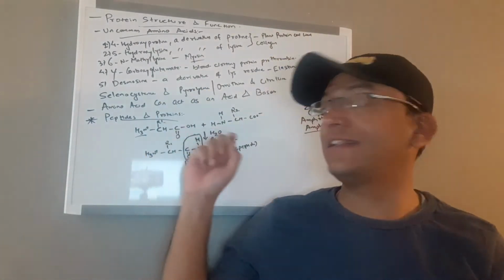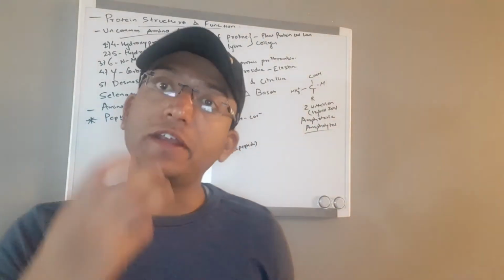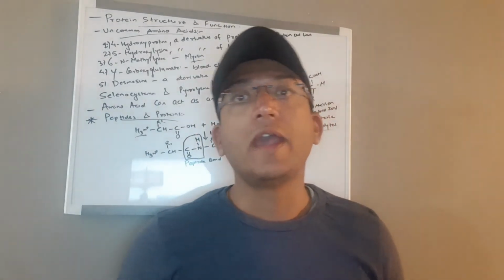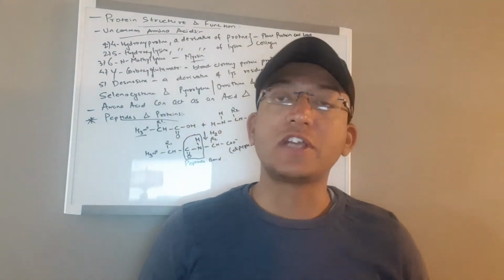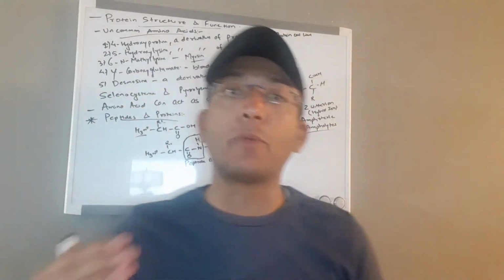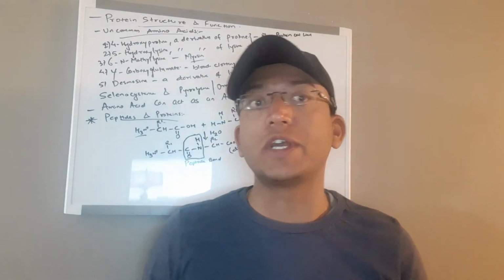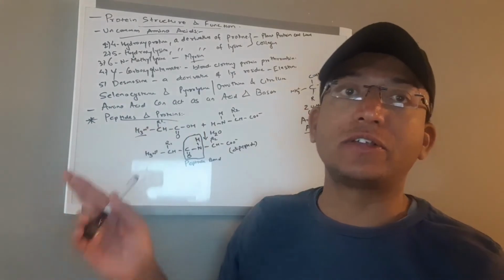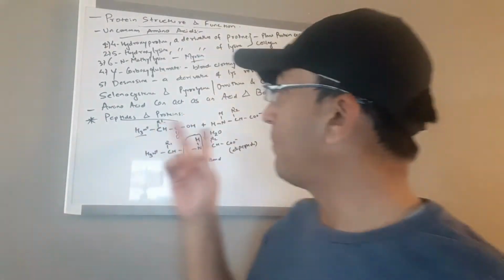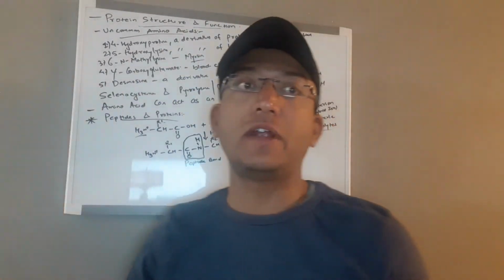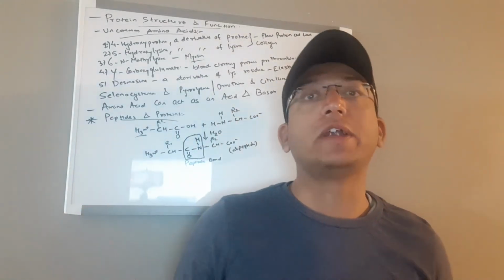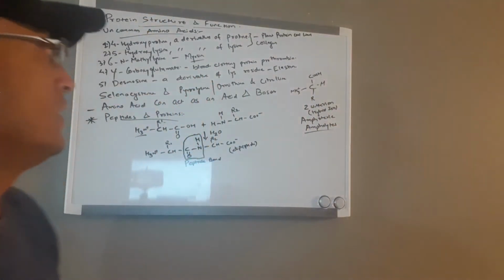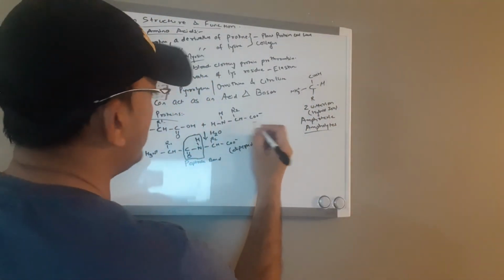These are considered simple proteins. But some proteins contain a permanently associated chemical component in addition to the amino acids. So there are amino acids, but besides the amino acids there are some other chemical components as well. That type of protein is called a conjugated protein.